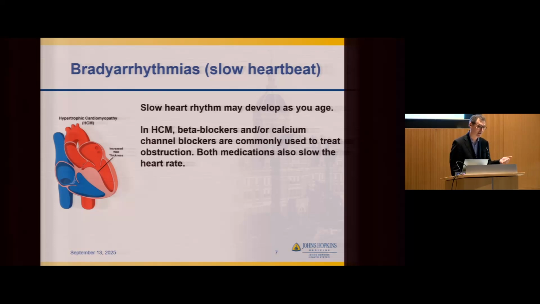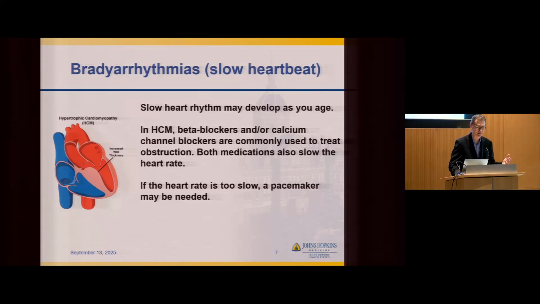Both may also slow the heart rate down, so that's an important reason for patients with HCM to have a slower than normal heartbeat. If your HCM doctor says we really need to keep you on those medications, but your heart rate gets too slow, then you may need a pacemaker.